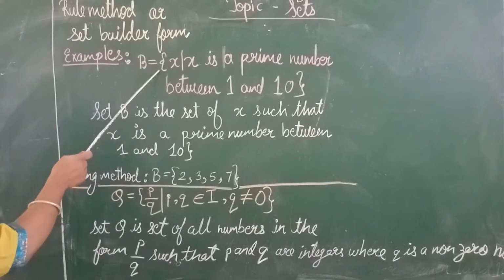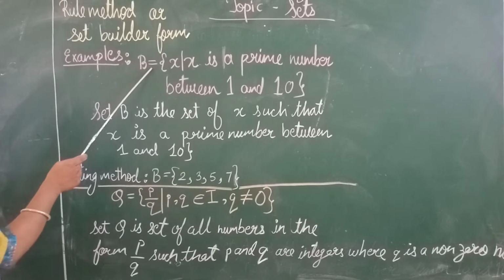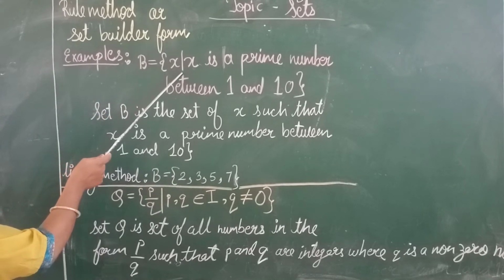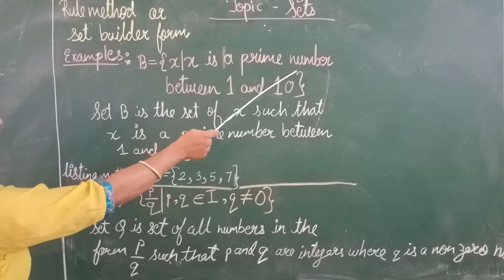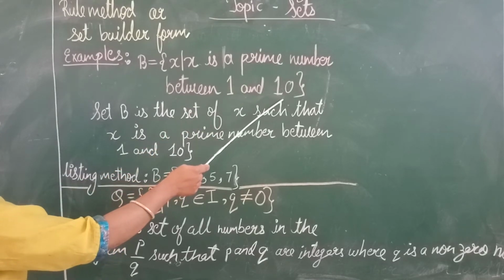We will read this example as set B is the set of all x such that x is a prime number between 1 and 10.